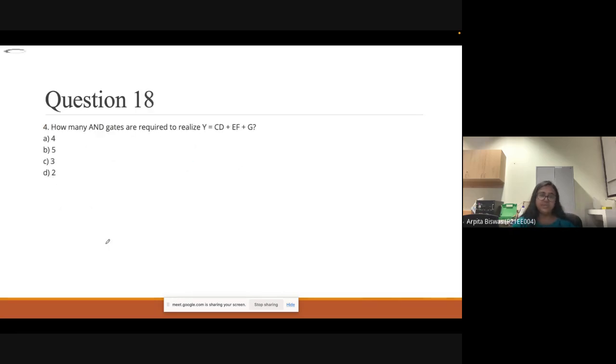So this is question number 18. How many AND gates are required to realize Y equal to CD plus EF plus G? The first option is 4, the second option is 5, option C is 3, and option D is 2.